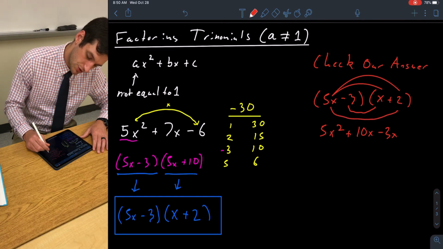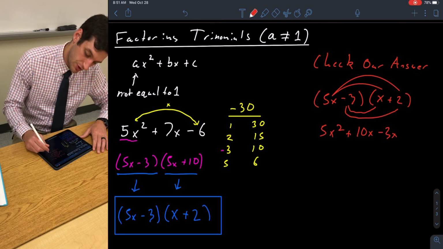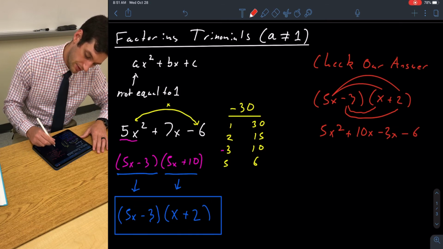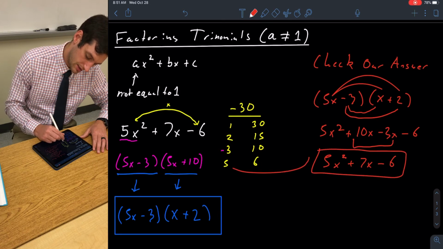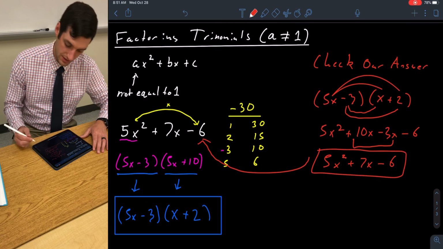Negative 3 times positive 2 gives you negative 6. And if you notice, once we combine our like terms, 5x squared plus 10x minus 3x is 7x, minus 6. And that gives us the exact same thing that we factored in the first place.